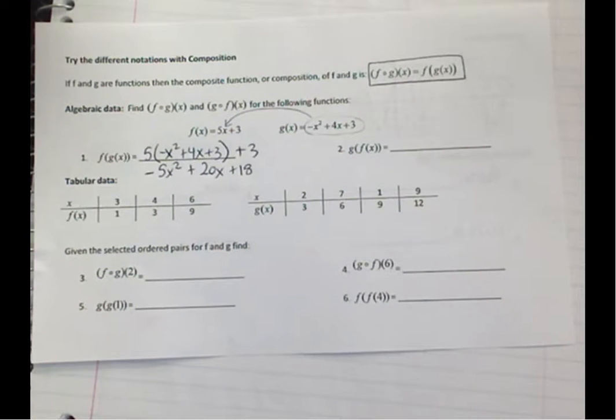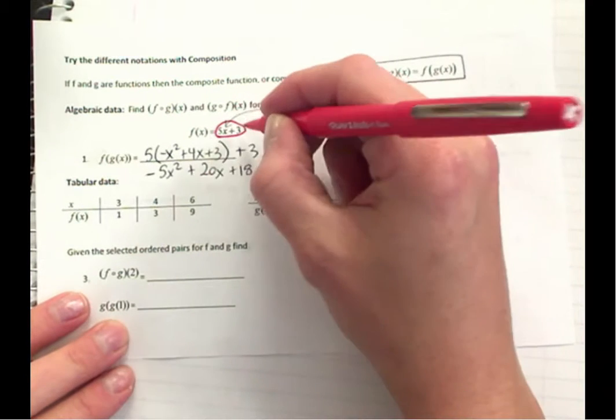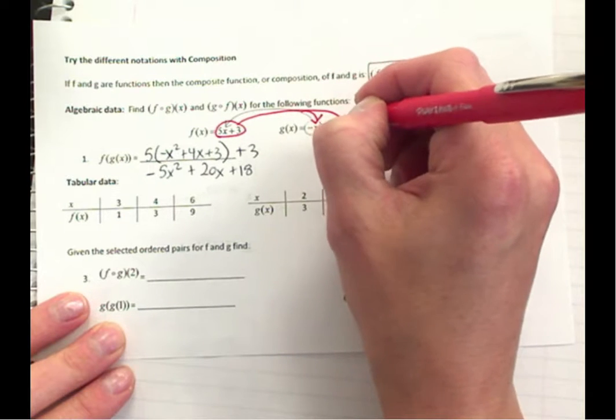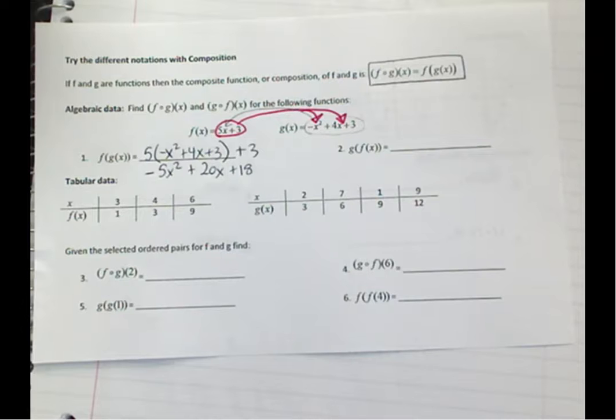Okay, now I'm looking at the next one. F goes into G. F goes into all of the x's. It means you're going to have to replace it twice.